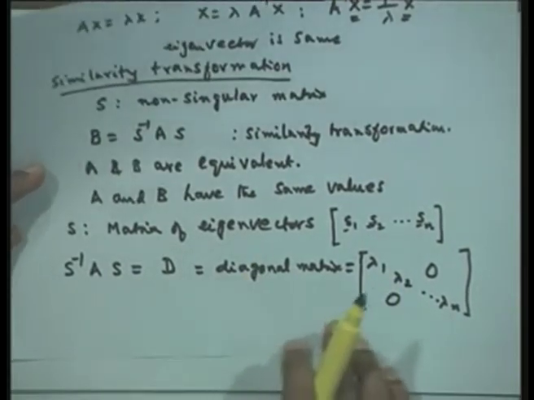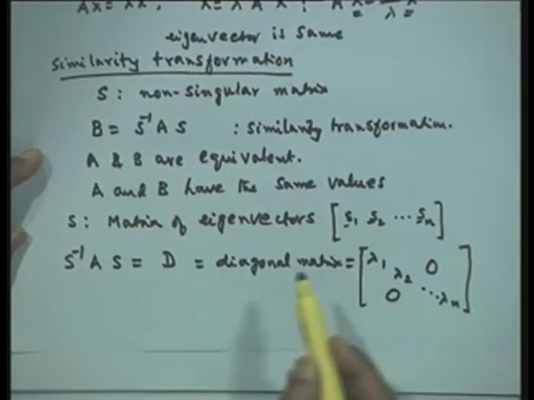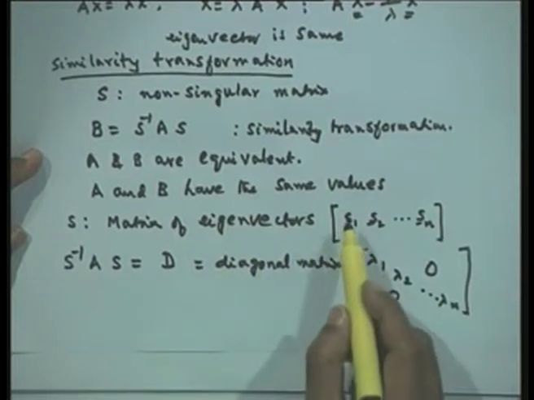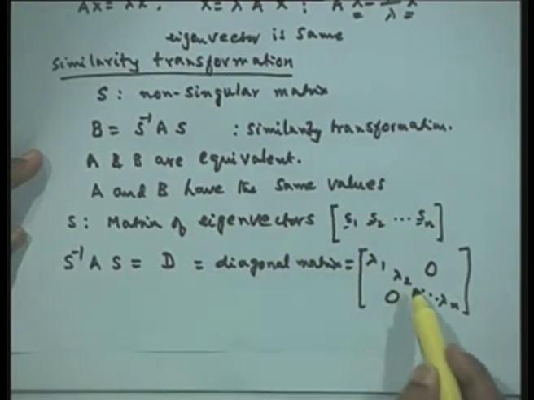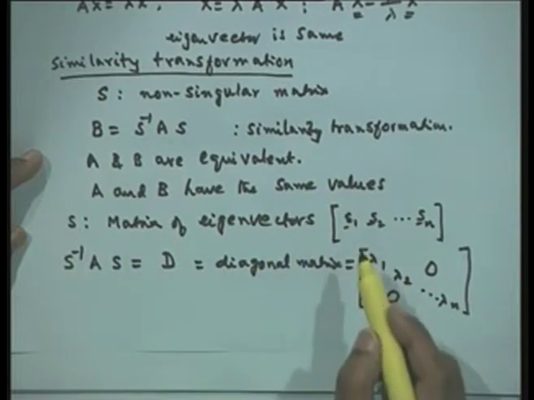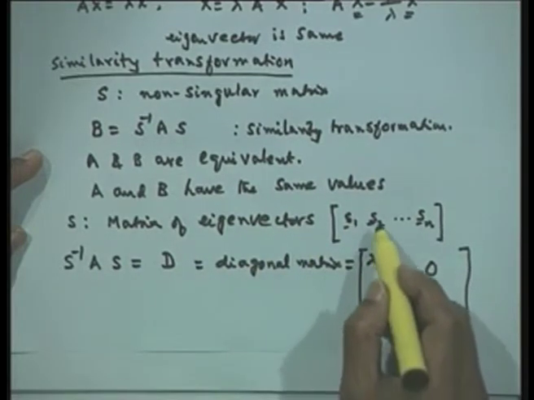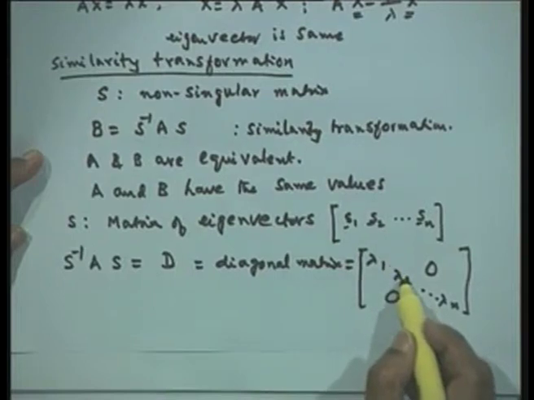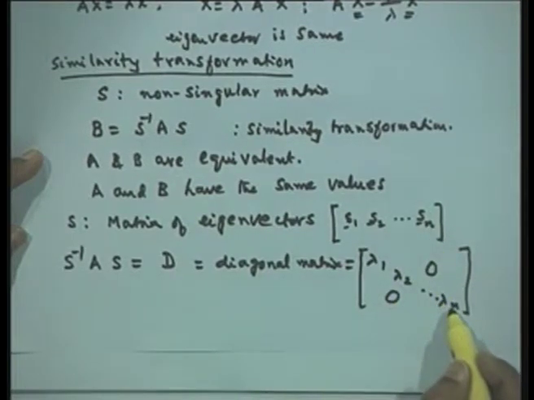Furthermore, in this case there is a one-to-one correspondence between the position of the column and the eigenvalue. What I mean is that S1 here is the eigenvector corresponding to lambda 1, S2 is the eigenvector corresponding to lambda 2, and Sn is the eigenvector corresponding to lambda n.